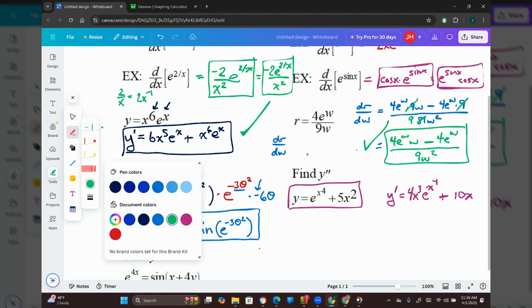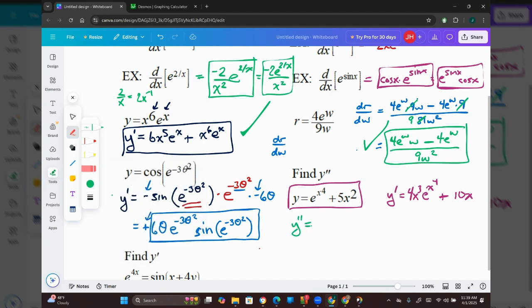Now, to find the second derivative, I'm going to have to do a product rule here. I'm going to have to take the derivative of 4x cubed, which is 12x squared, times that e to the x to the fourth. I'm going to have to add the 4x cubed times the derivative of e to the x to the fourth, which we know from the previous step is 4x cubed e to the x to the fourth.